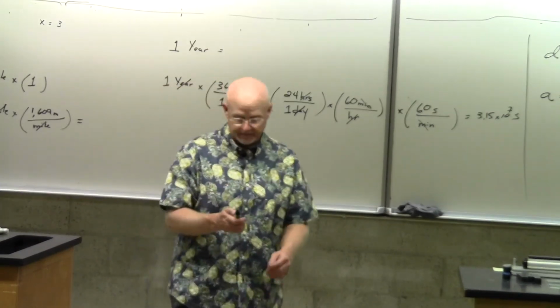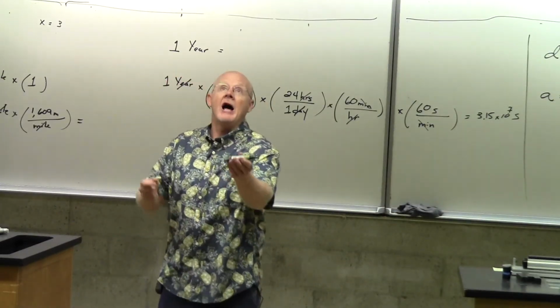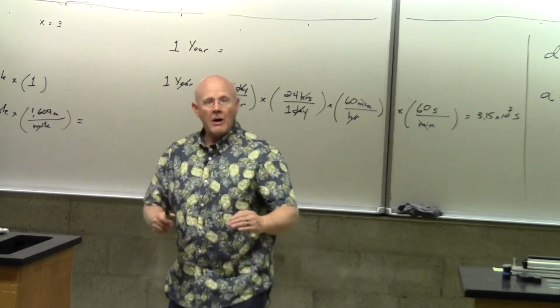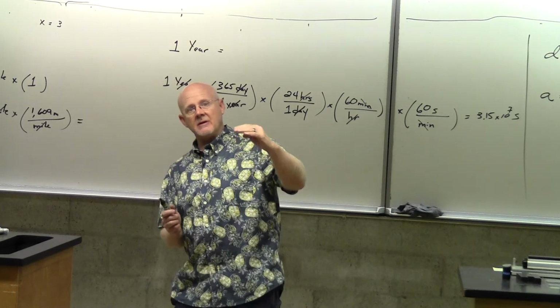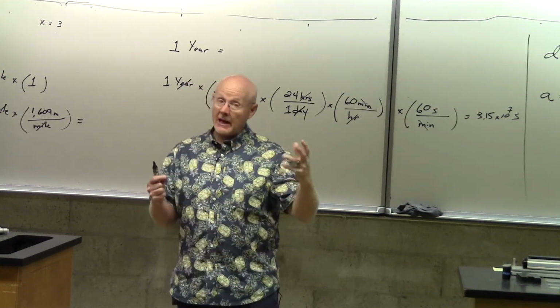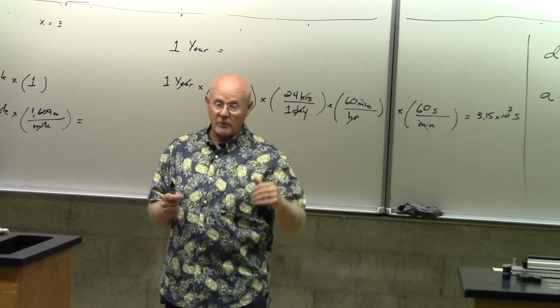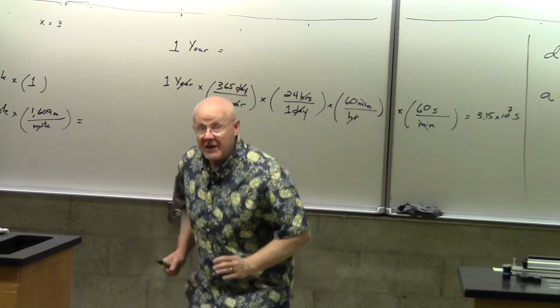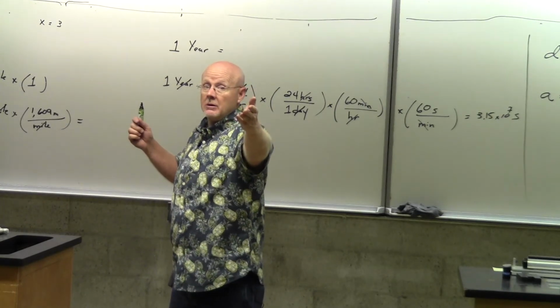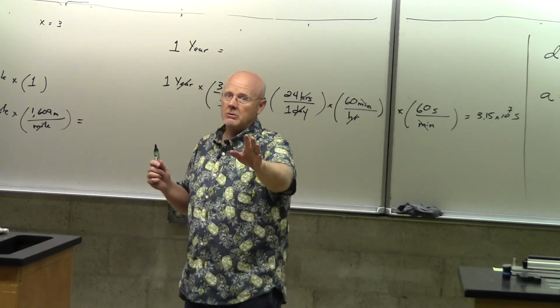Oh, let me try this one. I take this marker, I throw it up. On the way up, what's the acceleration? I hope you're saying 9.8, or roughly 10, downward. Then it gets right to the top. What is its acceleration? Don't say 0.